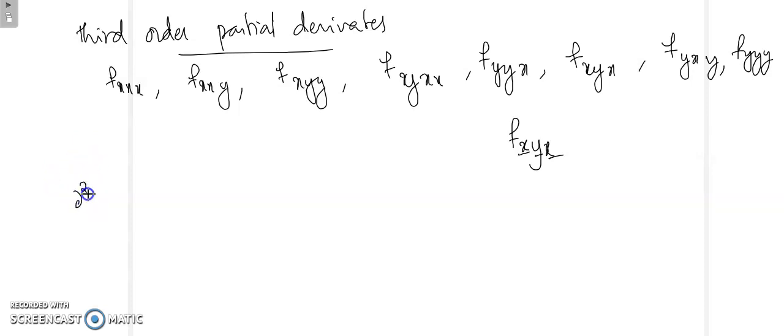So if you are writing dou square f by dou x dou y, ഇതെന്ന് പറയുമ്പോൾ the outer derivative is dou by dou x. നമുക്ക് ഈ രീതിയിലും ഡിഫറൻഷിയേറ്റ് ചെയ്യാൻ നമുക്ക് നോക്കാം.